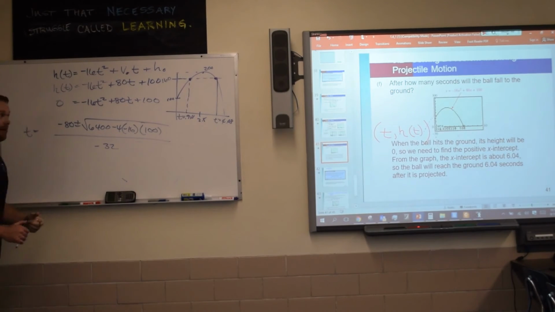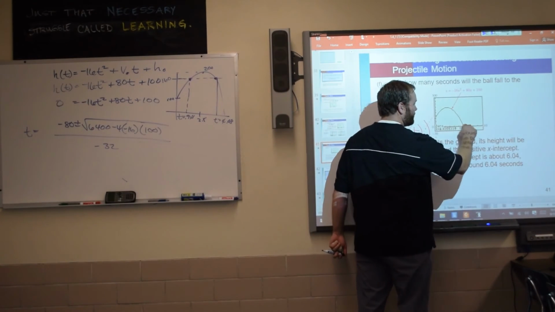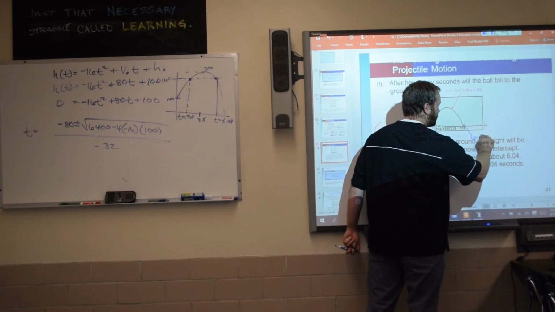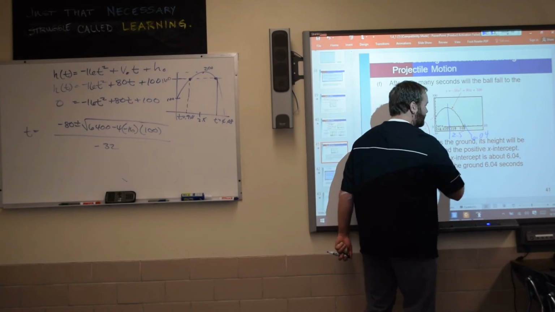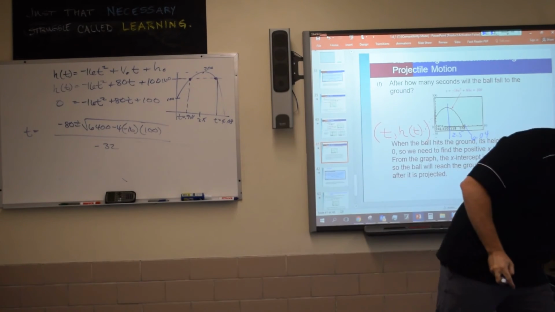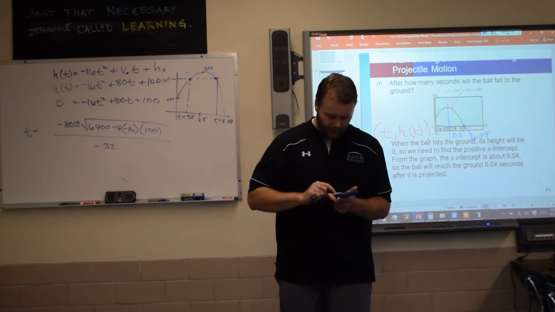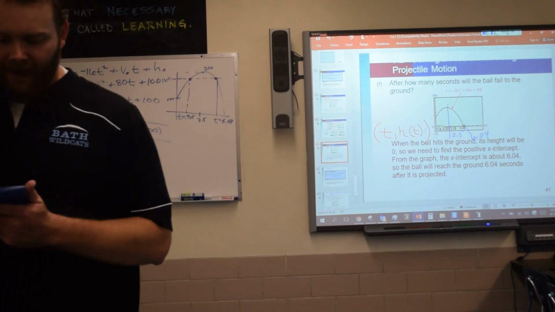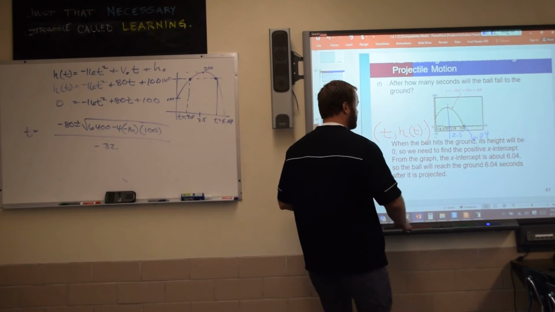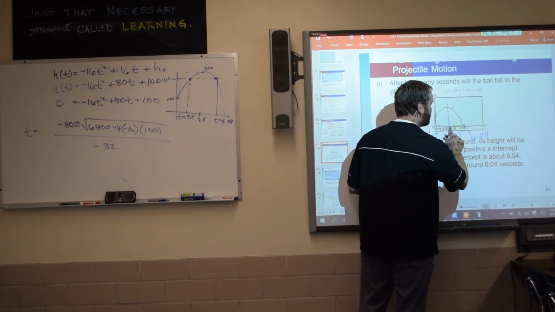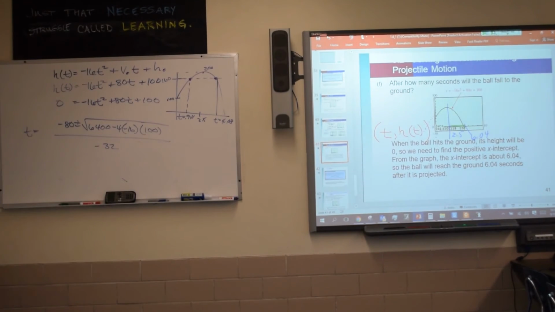And the other one, just thinking about this: if that time is 6.04, and the vertex was at 2.5, we should be able to do subtraction there and find out what that difference is. 6.04 minus 2.5 gives me 3.54. Does that make sense? So what I just found is that distance right there between the axis of symmetry for a parabola and one of the x-intercepts.